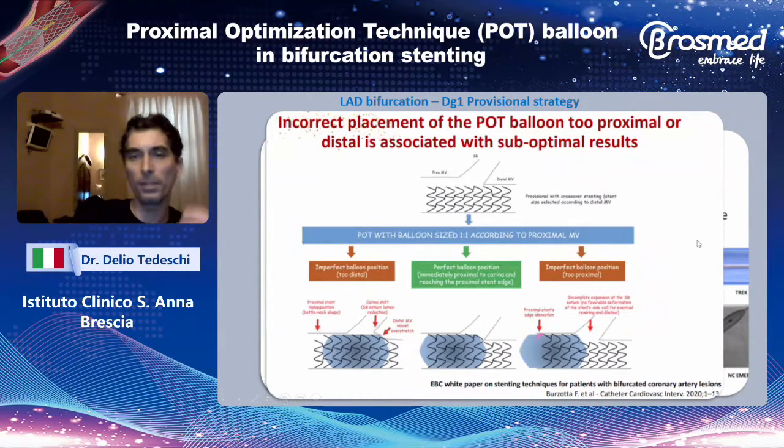So the opening of the strut when you perform the POT is another aspect very important. So the POT helps a lot to perform this part of the provisional stent.